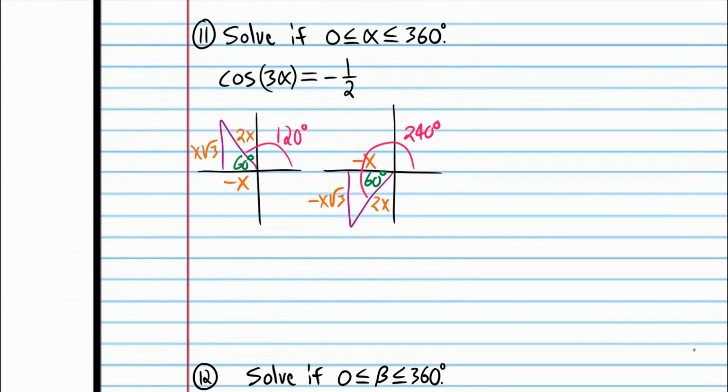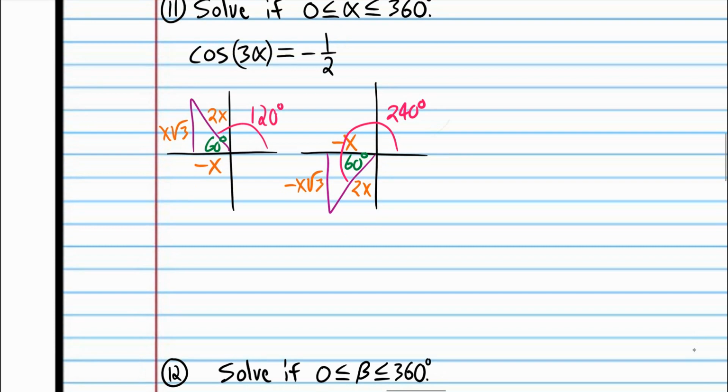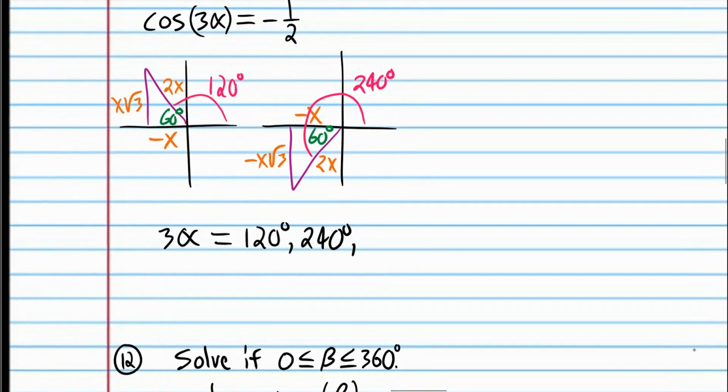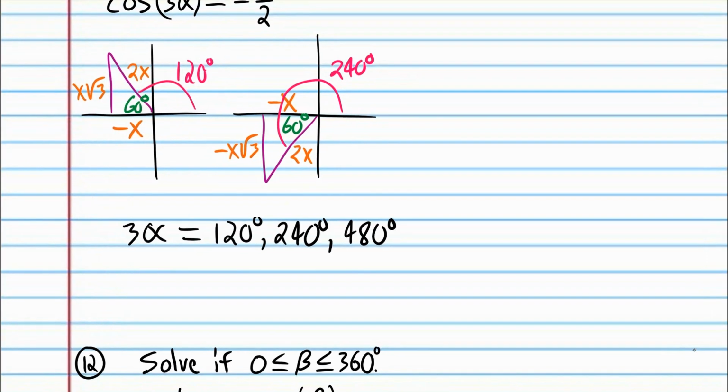But we're going to have 3 times the number of solutions that we think we're going to have. So the numbers that we plug in, 3 alpha, to get negative 1/2, the possible numbers are 120, 240, and 480. And just keep adding 360 to each of these numbers. So 240 plus 360 is 600. And don't be afraid to use your calculator. It's okay to use your calculator. 480 plus 360 is 840.